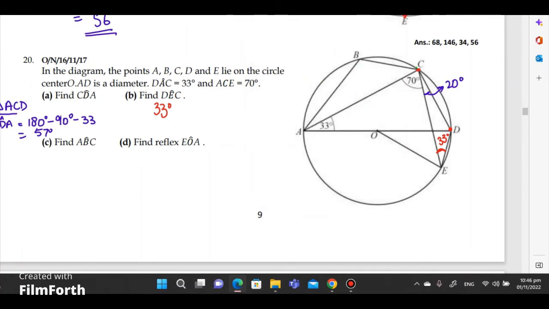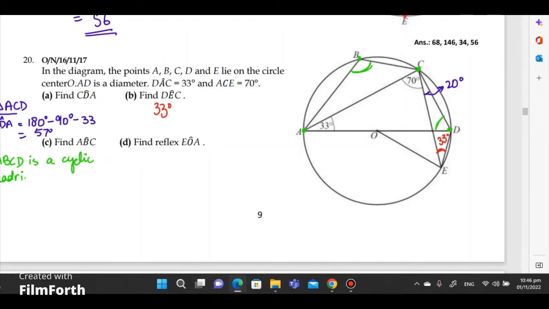For ABC, this angle, you notice this point right here, this point, this point, this point, they are all lying on the circumference. So what I'm looking at is that ABCD is a cyclic quadrilateral, and hence the opposite angles add up to 180 degrees.